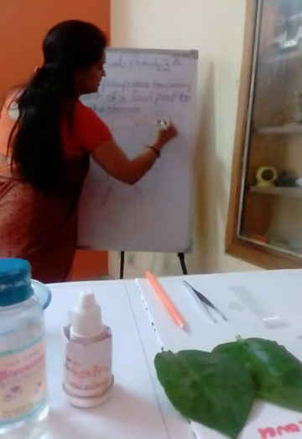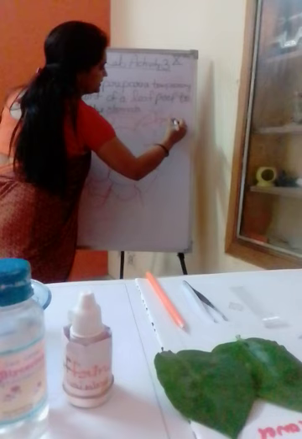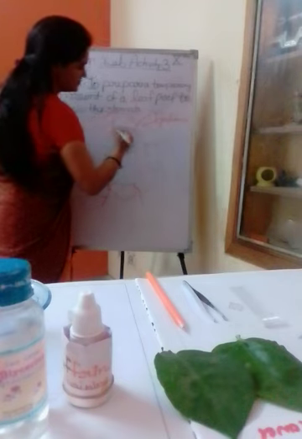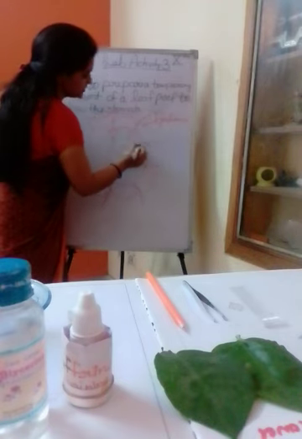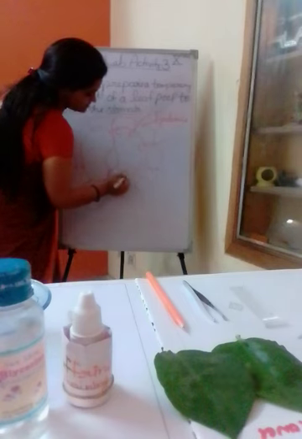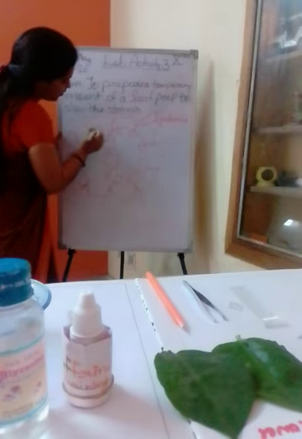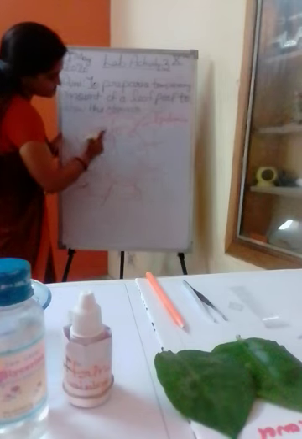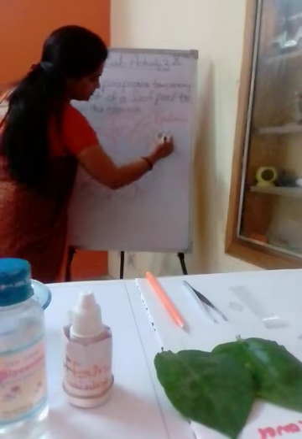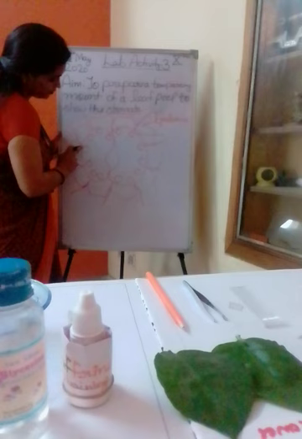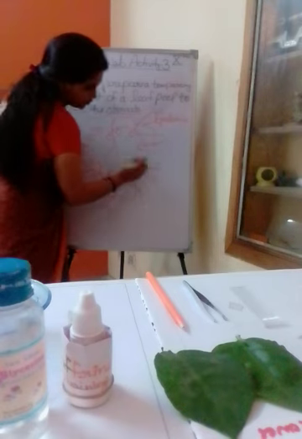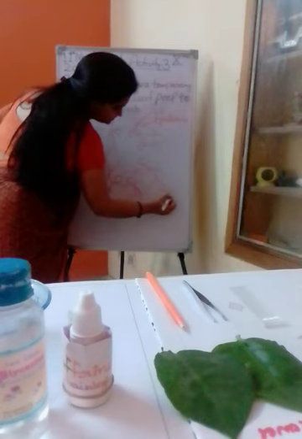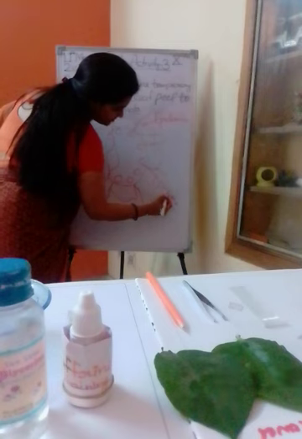This is the epidermis, and what is this? This whole structure is the kidney shape, that is the guard cell. Okay, now chloroplast is present in the stomata.